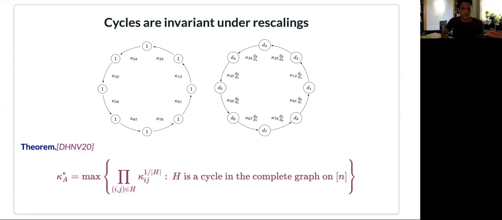And then we have the theorem that kappa star is going to be the maximum mean cycle, multiplicatively, of this graph. So again, the graph is defined as vertices being the variables. It's a complete graph, and edges have weight of this imbalance between the two nodes, kappa_ij.